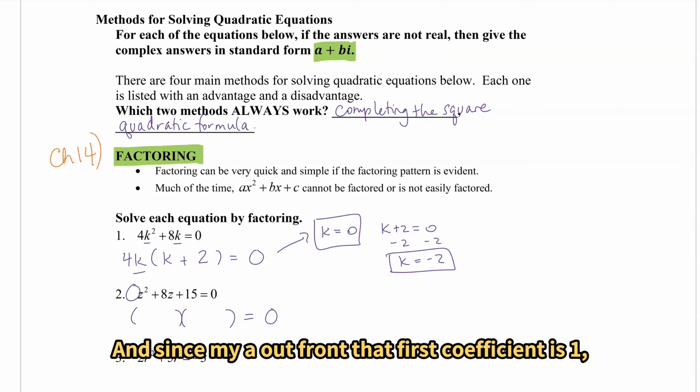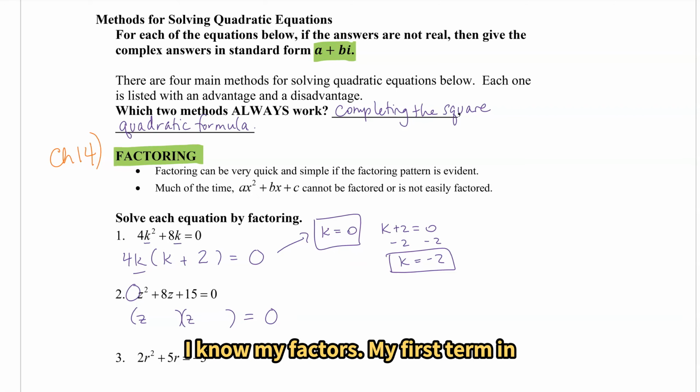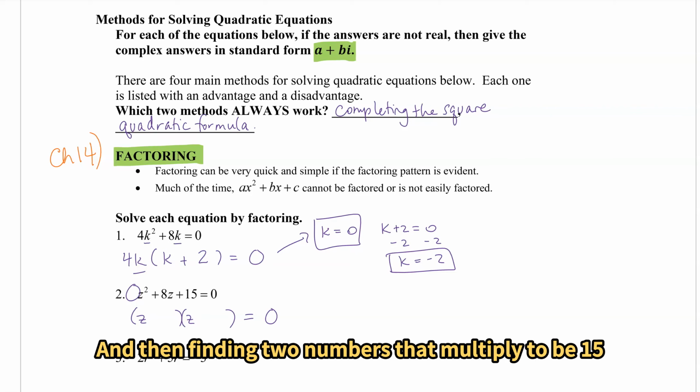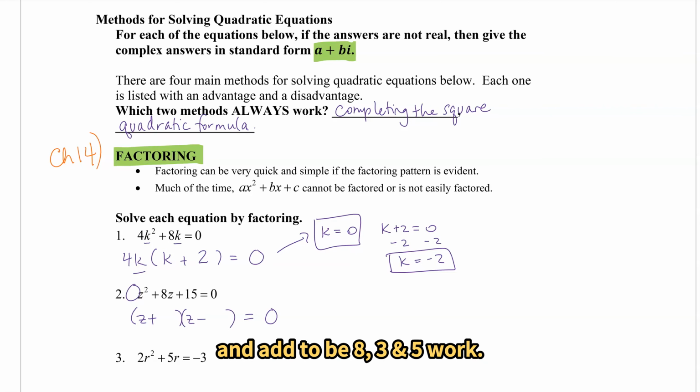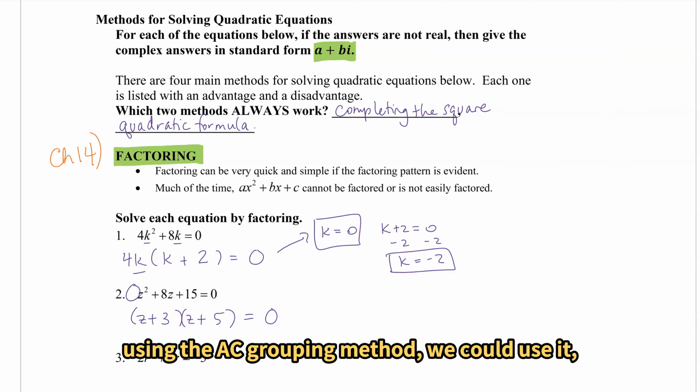And since my a out front, that first coefficient, is 1, I know my first terms in the factors will be z. And then finding 2 numbers that multiply to be 15 and add to be 8, 3 and 5 work.